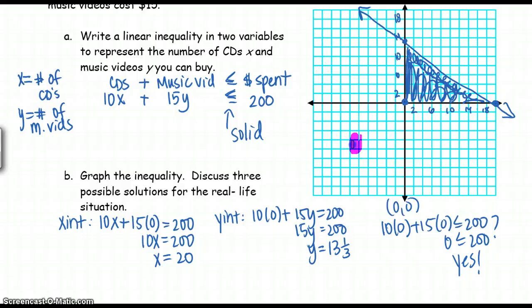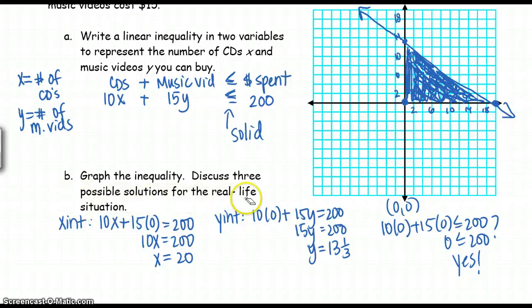No. Think about here. Can I have a negative amount of CDs and a negative amount of music videos I've purchased? No. And over here, positive amount of CDs but then a negative amount of music videos? That doesn't make any sense either. So in this situation, since it is an applied real-life situation, the only solutions that will work will be in here.